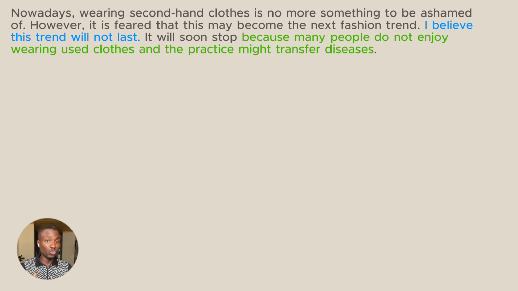So we have two main reasons why we think people should not worry about that, because the trend is not going to last. And the first reason is that many people do not enjoy wearing pre-owned outfit. And the second reason is that wearing pre-owned outfit might transfer diseases. I believe this is a good introduction based on whatever we have learned about discursive essay.